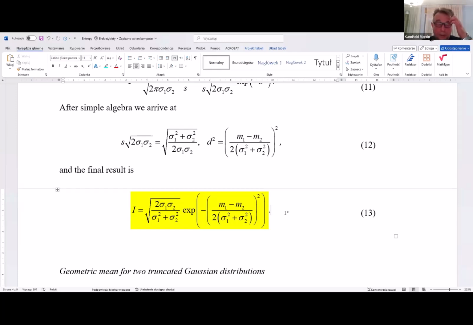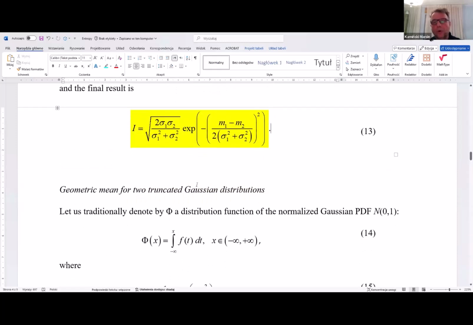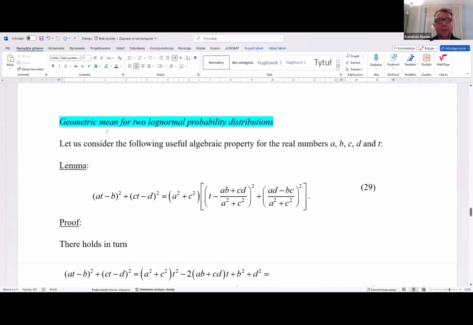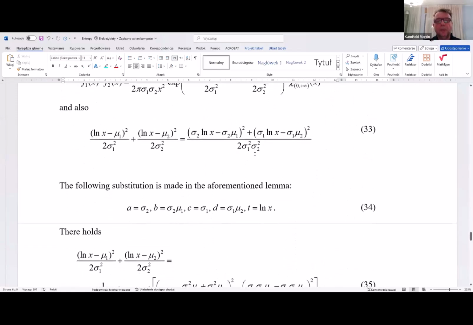We've demonstrated, together with my father, who was for more than 40 years an active mathematician in the mathematics and computer science department, University of Nicolaus Copernicus in Torun, some more frequently applied pairs, like the geometric mean for two truncated Gaussian distributions, which is very important in the field of engineering, as well as the geometric mean for two log-normal probability distributions.